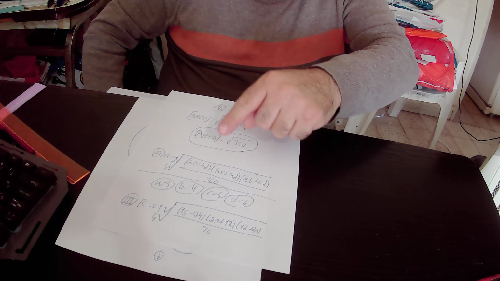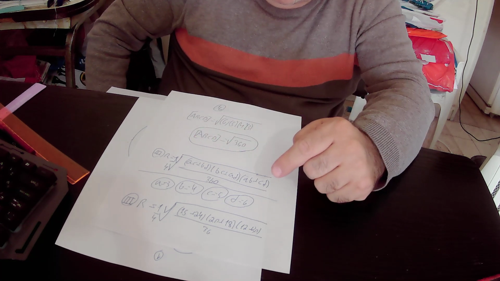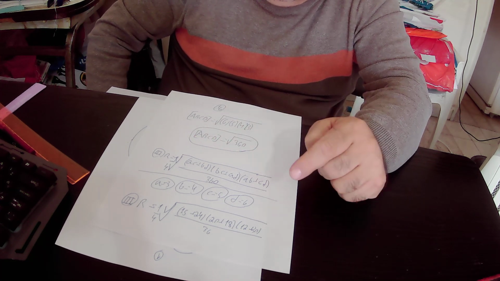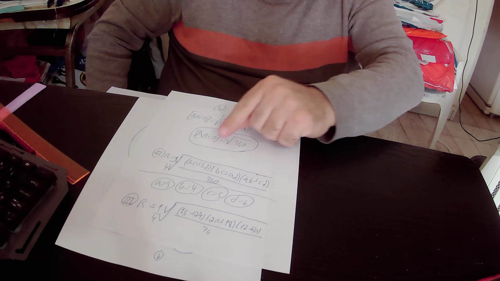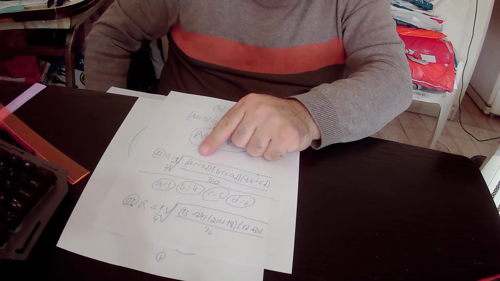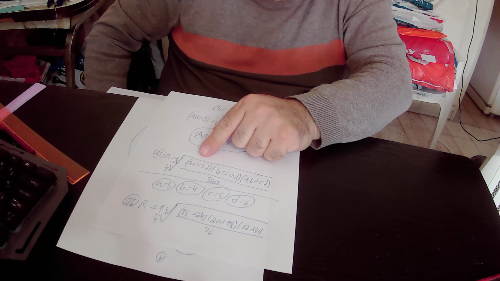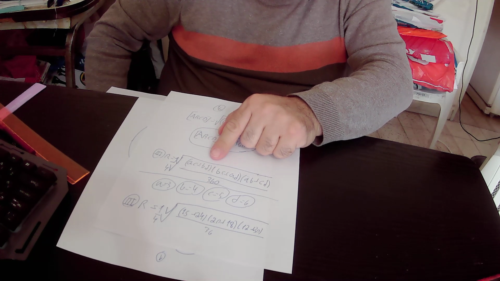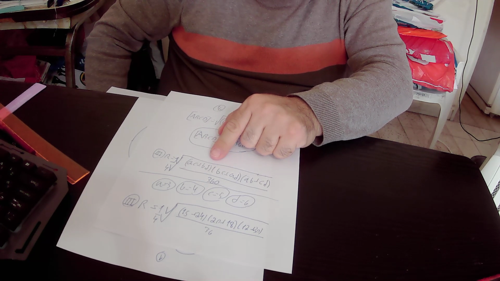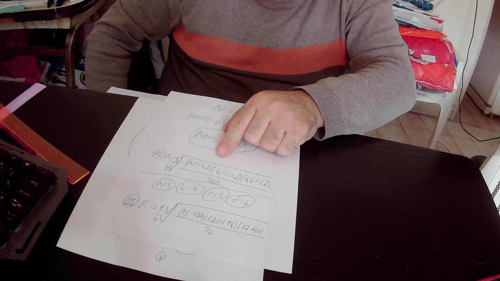And we have the values of A, B, C, and D. We put the data inside this equality. For example, A is 3 and C is 5, so A times C is 3 times 5, which is 15. B is 4, D is 6, so 4 times 6 is 24.